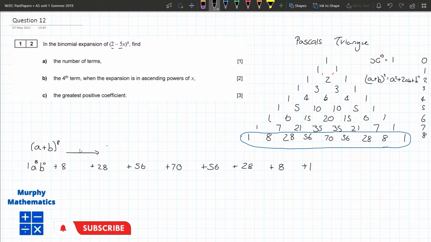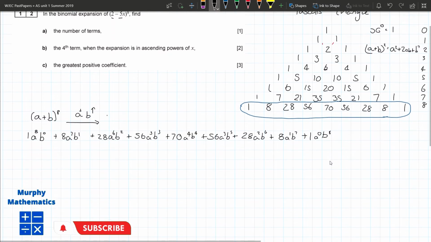As we go down, the power of a decreases and the power of b increases. So I'm going to have a^7 b^1, a^6 b^2, a^5 b^3, a^4 b^4, a^3 b^5, a^2 b^6, a^1 b^7, and then a^0, which is 1, and b^8.